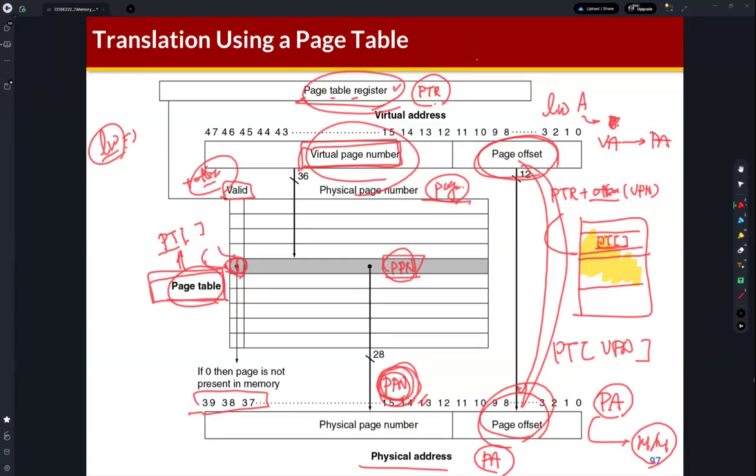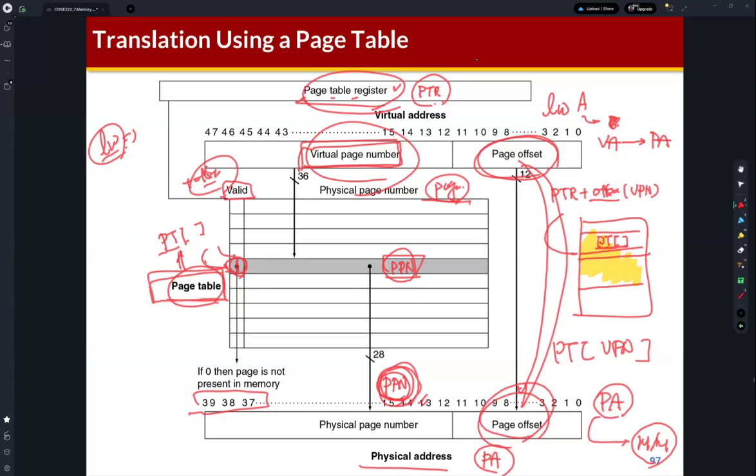Once we get the physical address, then using this physical address we can access the main memory. This is the original access. So whenever memory instructions are executed, the main memory is accessed for the page table access. That's the problem.